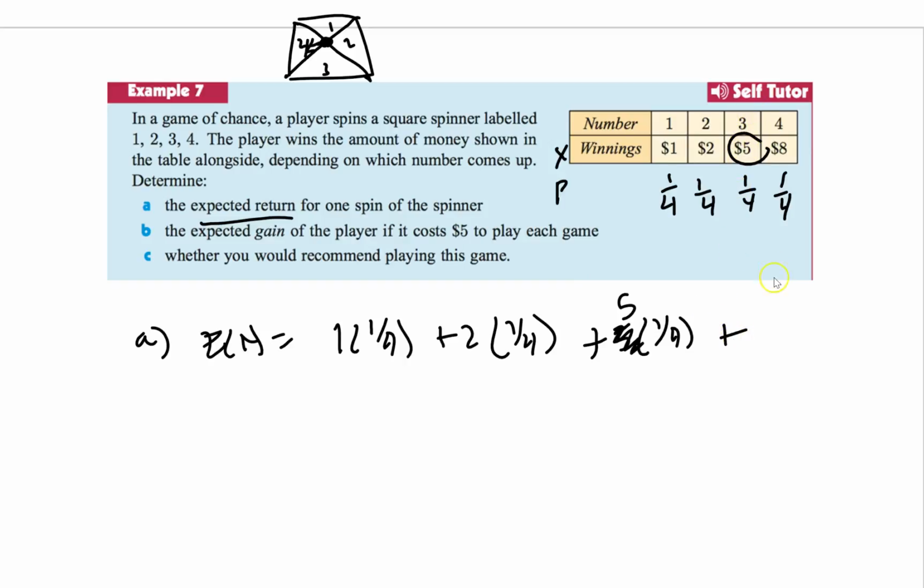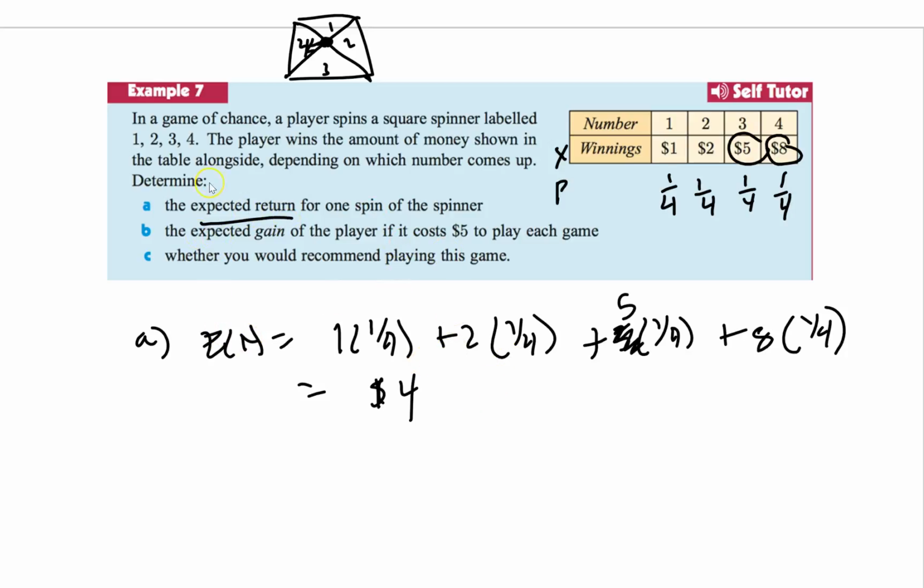So $5 times 1/4. And if it lands on 4, you actually get paid $8. Big winner. If you add these all together, you can factor out the 1/4. 8 plus 5 is 13, plus 2 is 15, plus 1 is 16. 16 divided by 4 is just going to be $4. So that's your expected value. Every single time you spin it, you expect to win on average about $4.